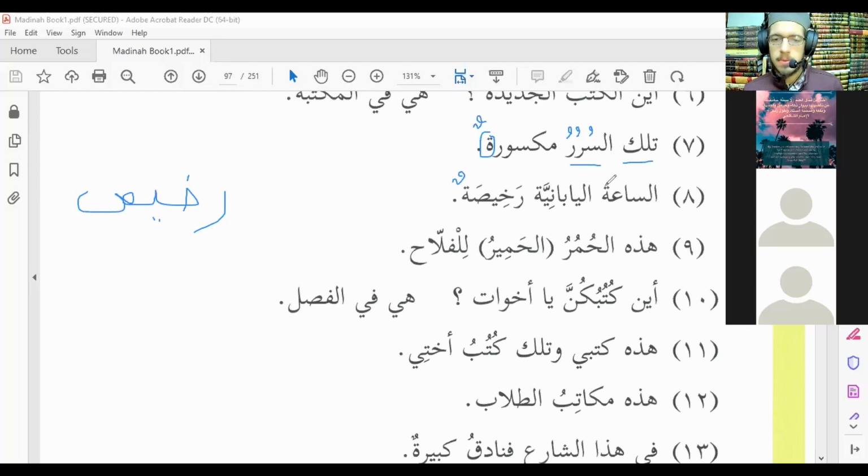Let's go a little in depth. What type of sentence are we dealing with here? It's a جملة اسمية. Good, and the two parts of Jumla Ismiya are what? مبتدأ and خبر, and the مبتدأ is the Japanese watch, and the خبر is the pricing. Good.